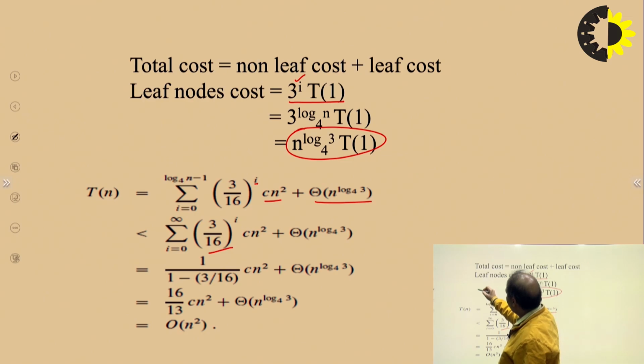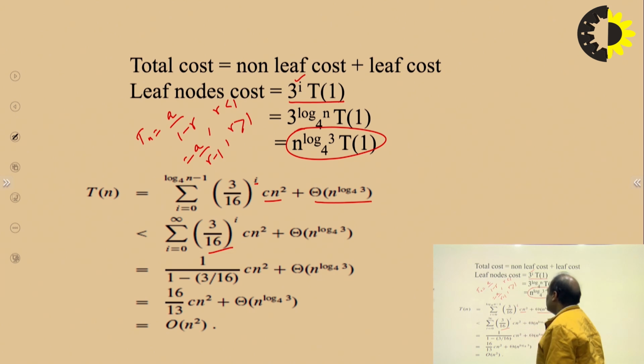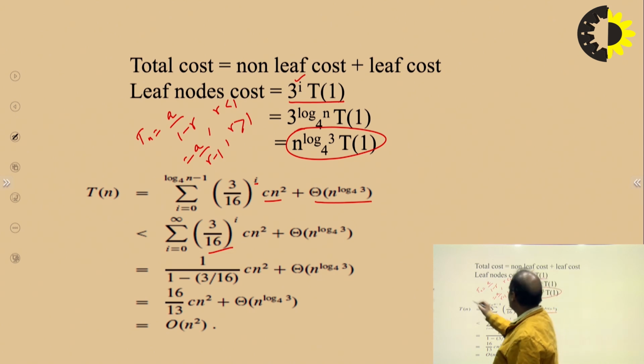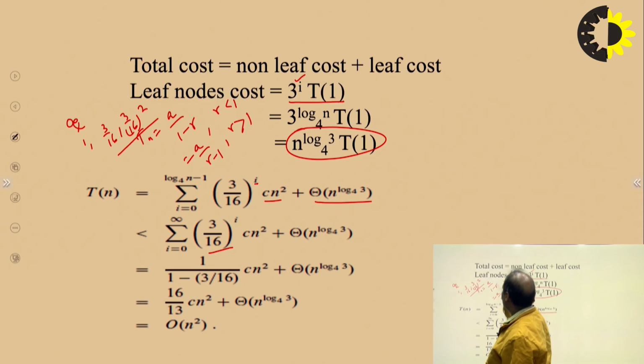We know that the sum of a geometric progression is a divided by 1 minus r if the common ratio is less than 1, otherwise a by r minus 1 if the common ratio is greater than 1. So here the series is (3/16) to the power 0, 1, then 3/16, then (3/16)², and so on.